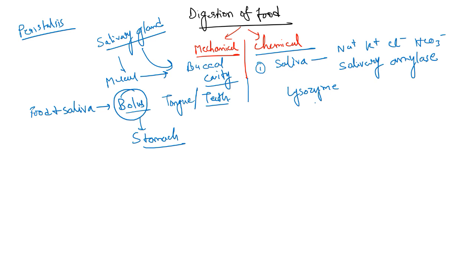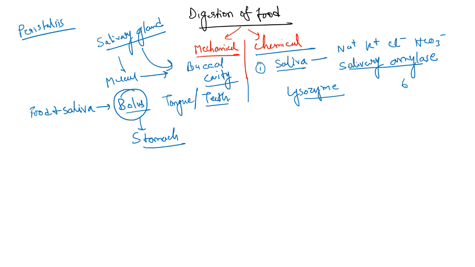Lysozyme is nothing but an antibacterial agent that can kill bacteria if it's present in the food. Whatever complex carbohydrate is present in the food, at the very beginning, as the saliva contains salivary amylase, it can break that down into maltose sugar, which is a simpler form of sugar.